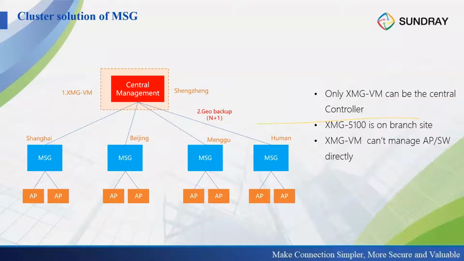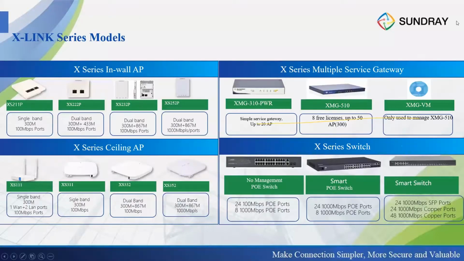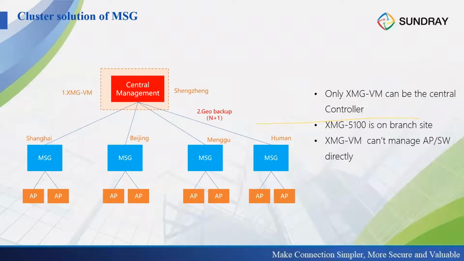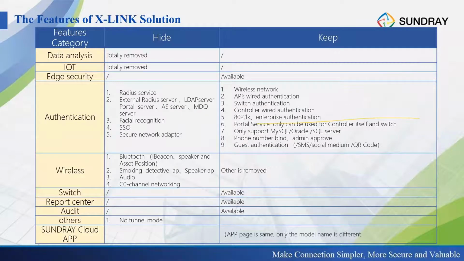And for this solution we also have 2 controllers, and one software controller. We call it the XMG VM. This one can do centralized management for all the hardware controllers, for all the XMG 500 and S510 series controllers.